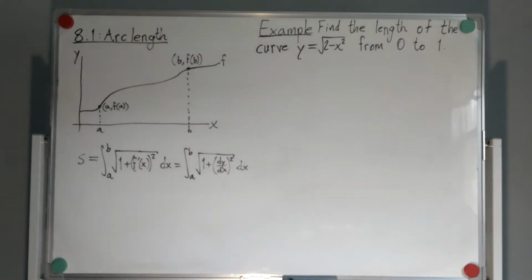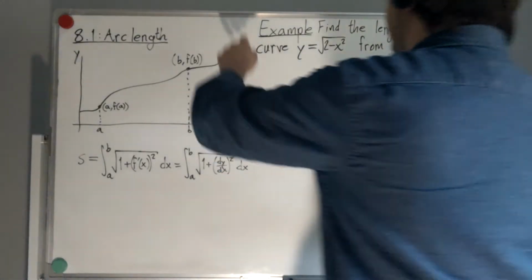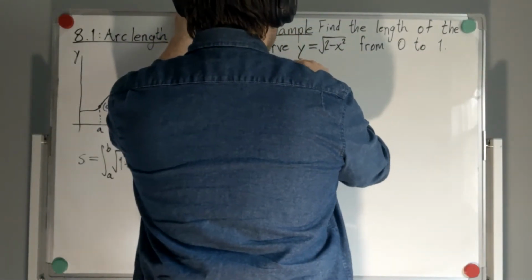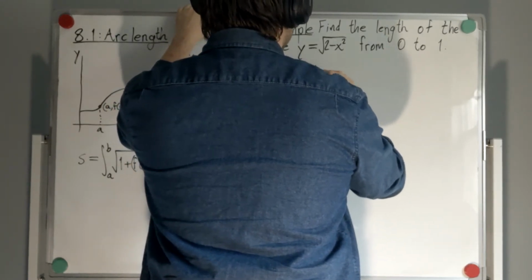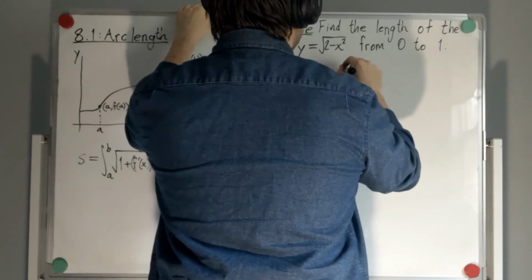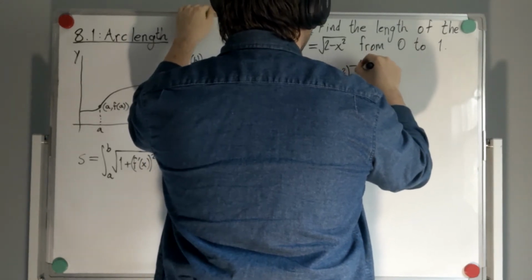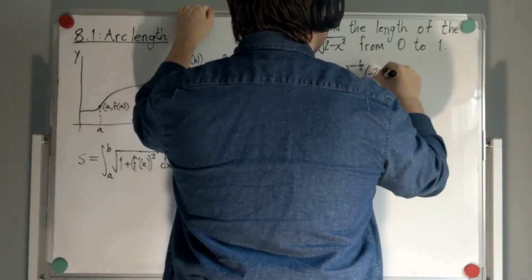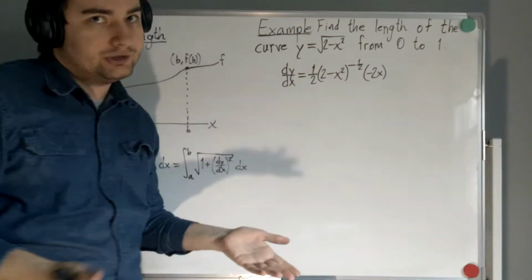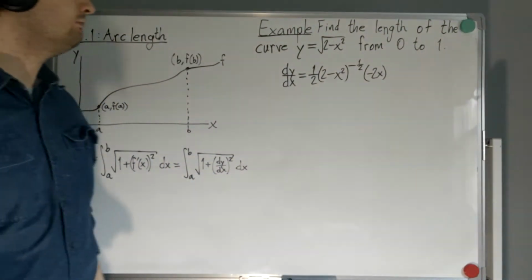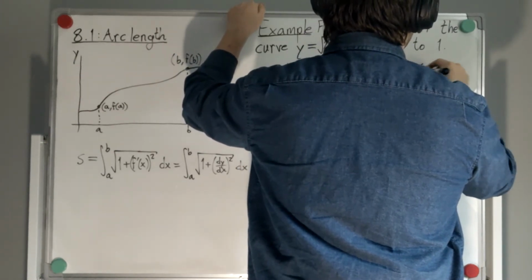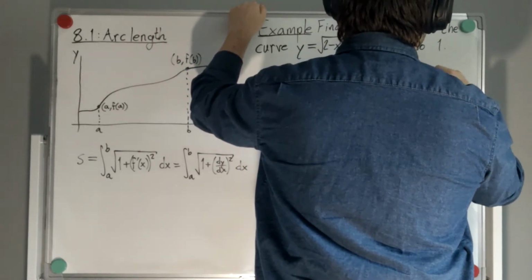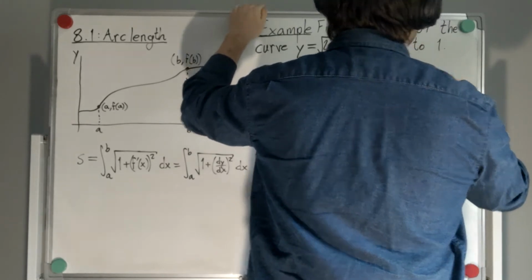Alright, so all we have to do here is first we take the derivative. dy/dx is 1/2 times (2 minus x squared) to the negative 1/2 times negative 2x according to the chain rule. This is the same thing as negative x over the square root of 2 minus x squared.